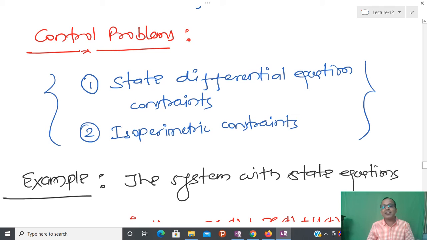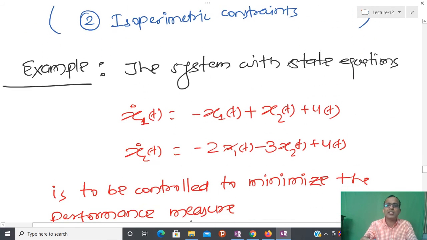It means that control also has some kind of constraint in the form of an integral or isoperimetric constraint. It means that control is always bounded, and using that bounded control we have to achieve a certain kind of objective which is optimal. So let us try to see that.